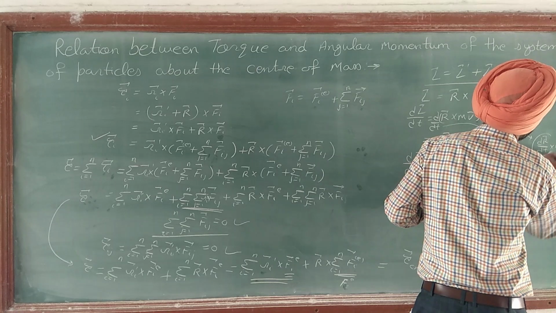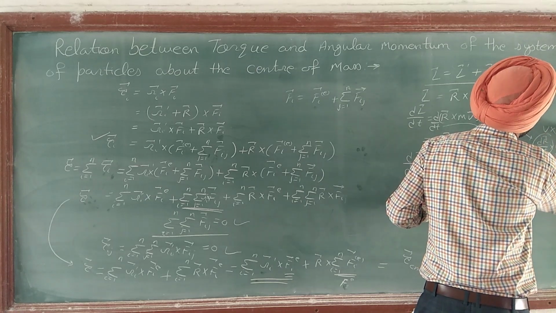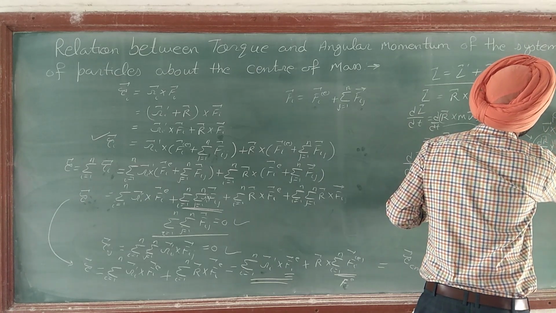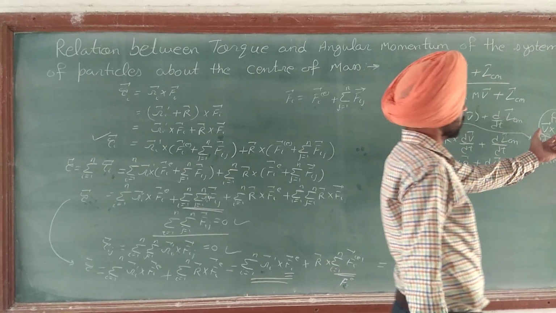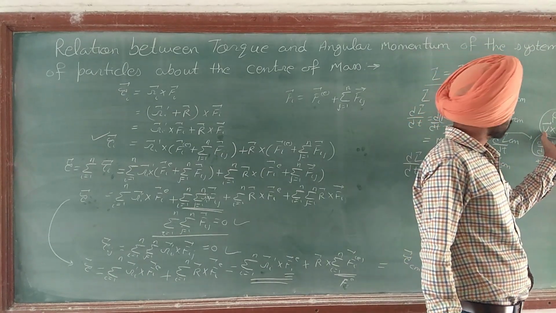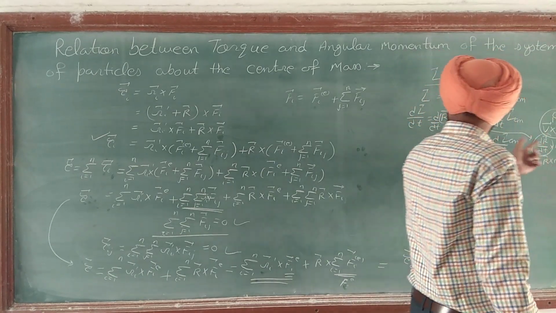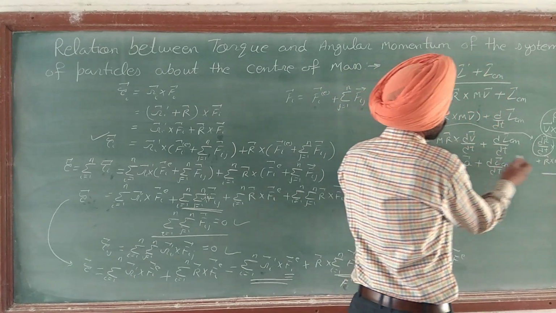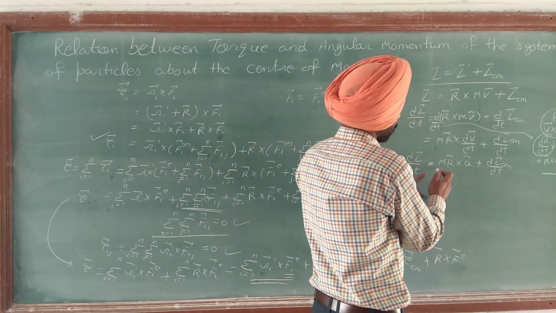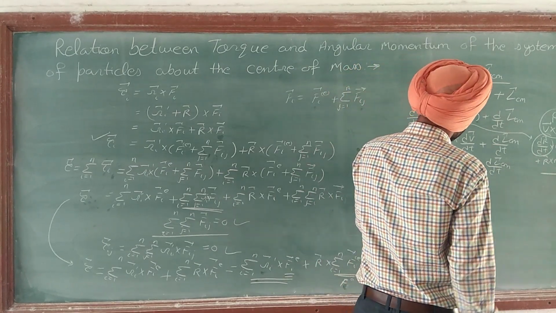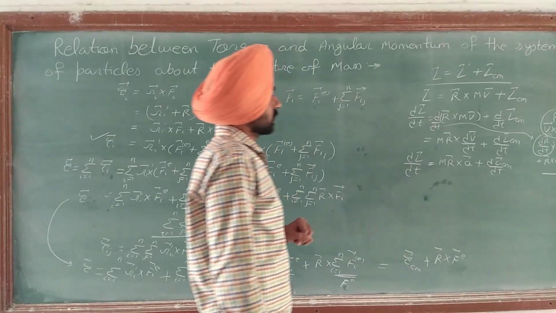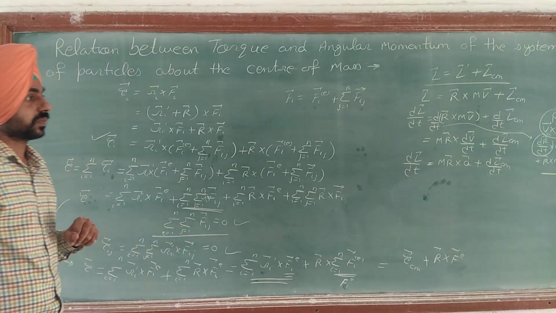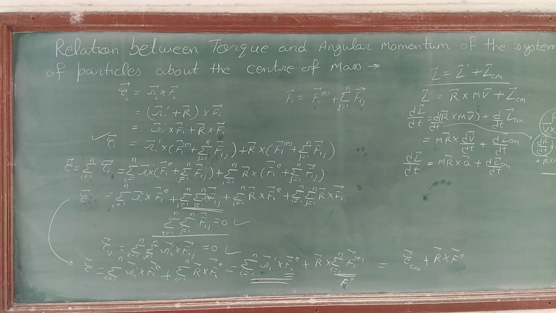Since this term is v cross v, and v cross v is always 0, as sin theta, sin 0 is 0, I skip this term and finally write only the term R cross M dv upon dt. So M R cross A plus dLCM upon dt.